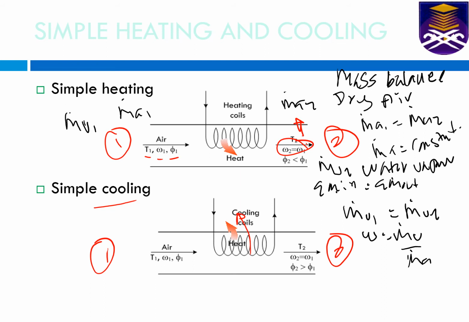Thus omega 1 m dot a 1 equal to omega 2 m dot a 2, but we know that m dot a1 is equal to m dot a2, so thus omega 1 is equal to omega 2. So with these conditions, the specific humidity is constant for simple cooling as well as simple heating.